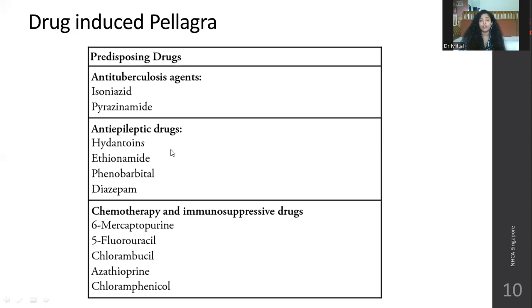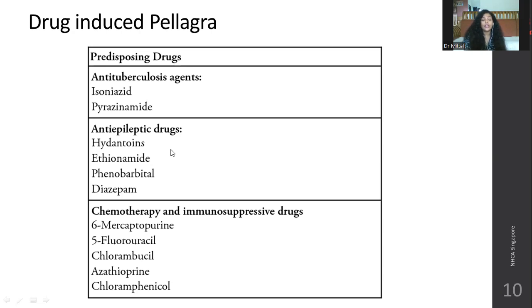Immunosuppressive drugs are given to transplantation patients soon after and before transplantation, so that their own body will not attack the new organ or new tissue. So their immunity is purposefully suppressed for a pretty small period of time. So these drugs can cause pellagra because they can decrease the absorption of niacin in the intestine.